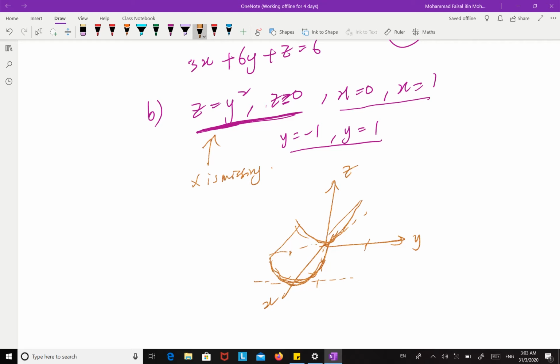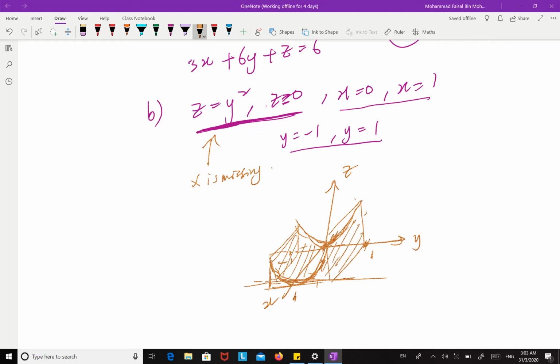So you have a box. So this is y1, y -1, x1 and x0. Okay, so this is the region.